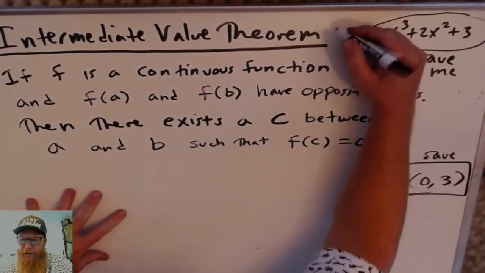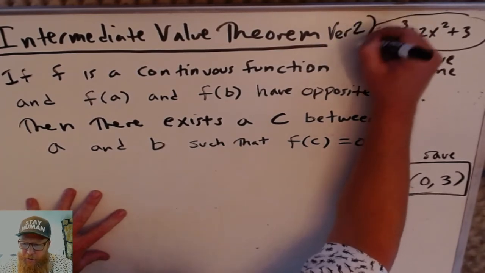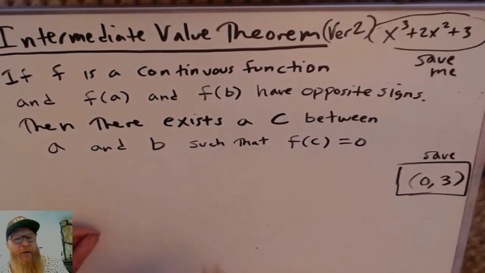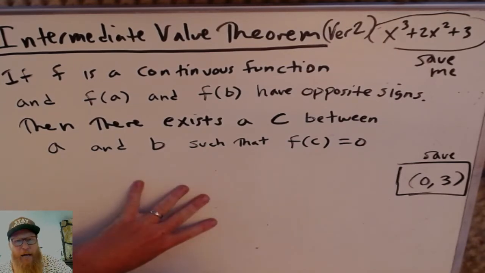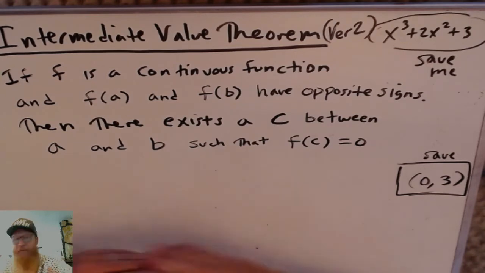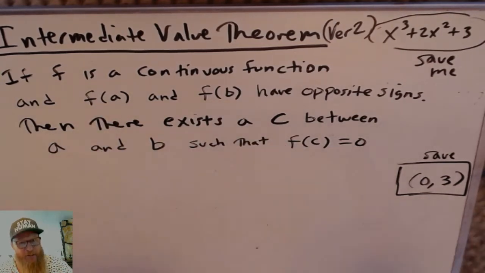Now, I'm actually going to call this intermediate value theorem version 2, because there actually is an original version of the intermediate value theorem, which, interestingly, in pre-calculus or college level algebra we often don't talk about. Version 1 says that every value between f of A and f of B exists.